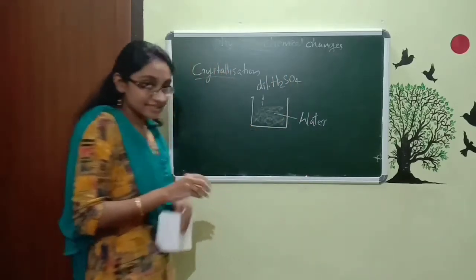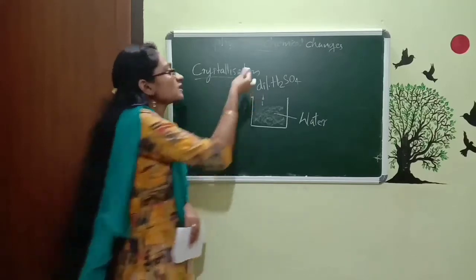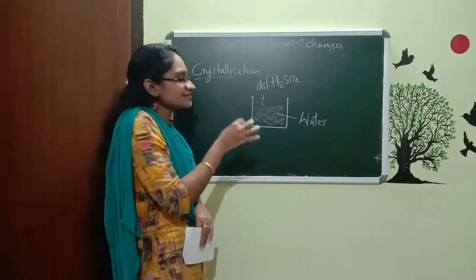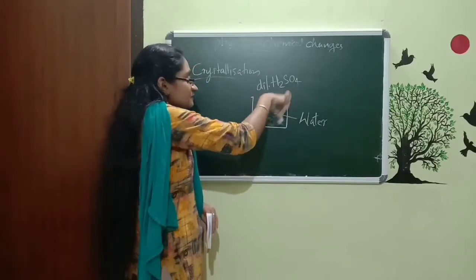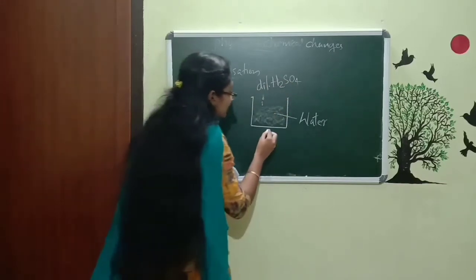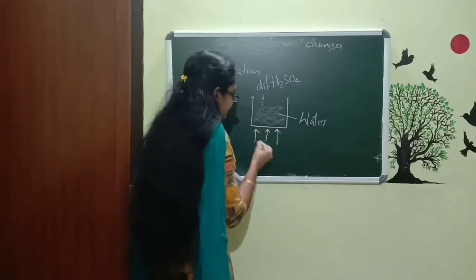That is, we are taking a beaker, filling it with water and adding some drops of dilute sulfuric acid to that. And then we are mixing the water and the acid, and then we are giving heat. That means we are going to boil this.